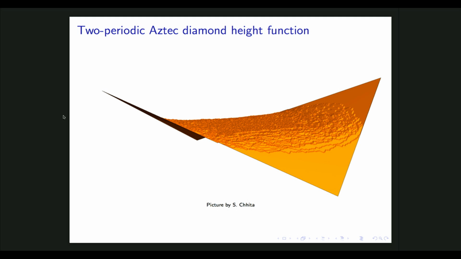Maybe it's a little clearer in this picture here. Here is a flat piece. Here you have these curves that we saw in the previous talk, so here we should expect to see the Airy process. But here you hit something which looks flat but has some sort of dents in it. There seems to be some kind of boundary here, but it's less clear what it is than this one.